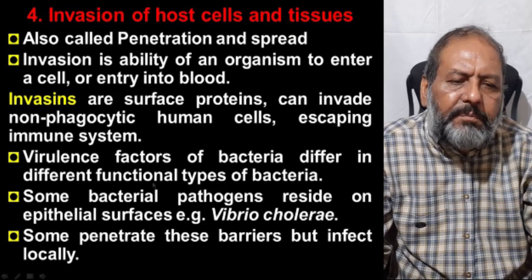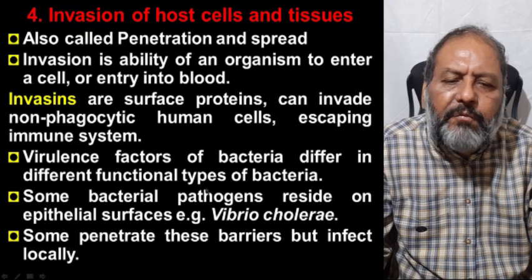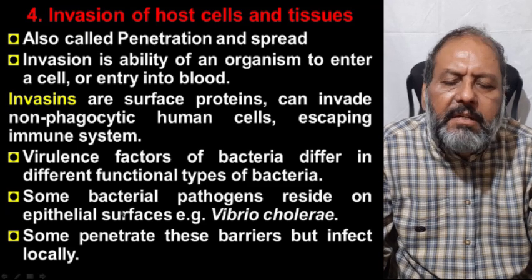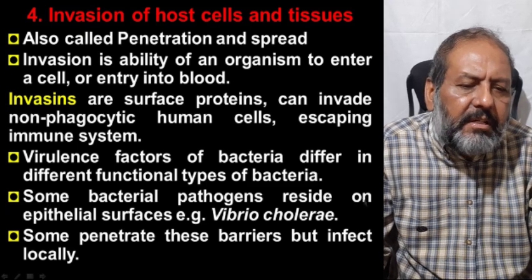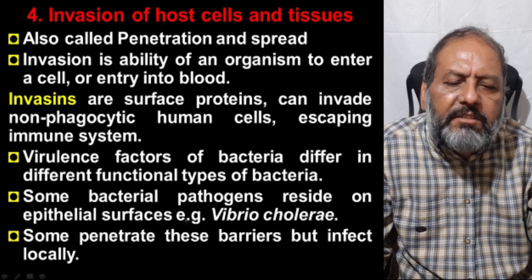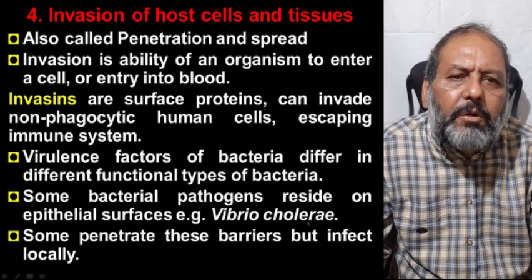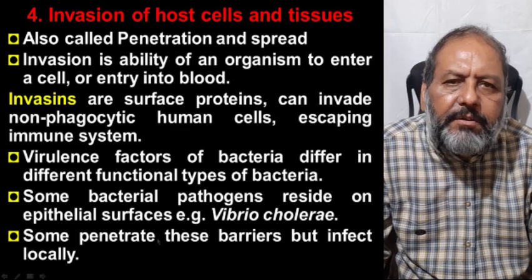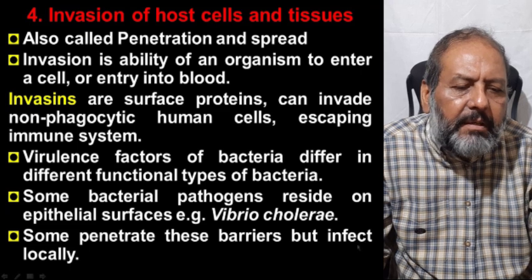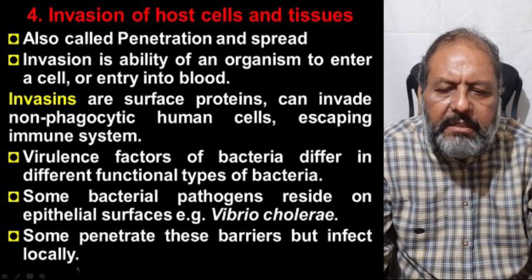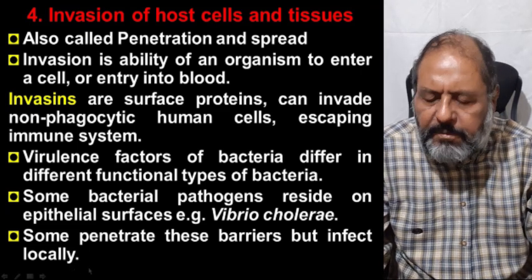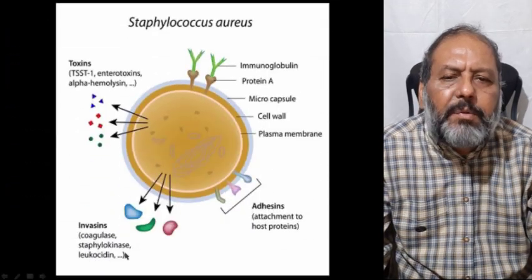Virulence factors of the bacteria differ in the different functional types of the bacteria. Some bacterial pathogens reside on the epithelial surfaces, like Vibrio cholerae. Some penetrate these barriers, but they infect locally and do not go into the bloodstream to cause systemic problems.